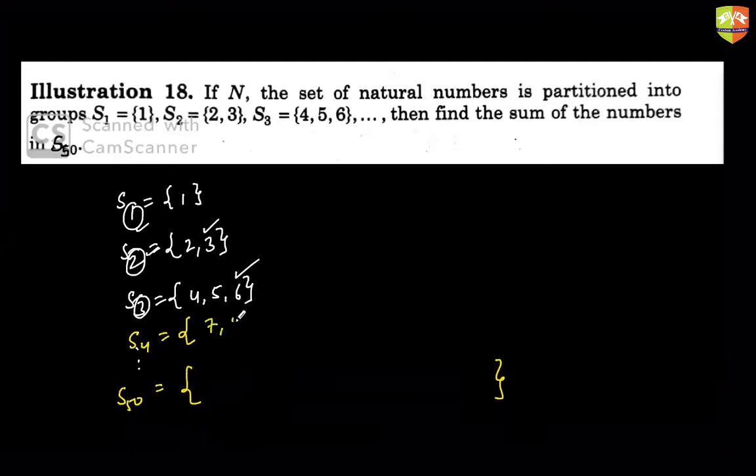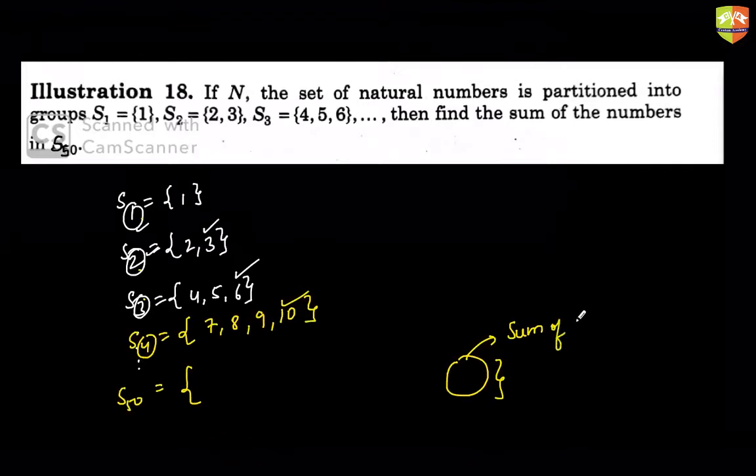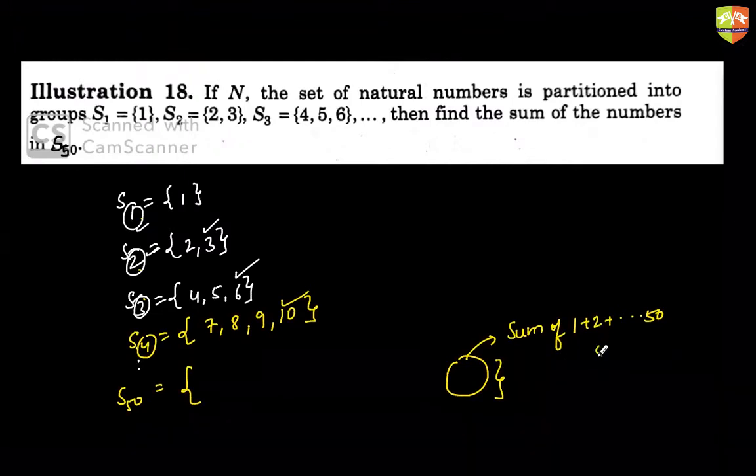Fourth group will be 7, 8, 9, 10. 10 is basically the sum of 1, 2, 3, 4. Correct? So, following the same pattern, can I say the last term here would be the sum of numbers from 1 to 50, right? And what is that? That is 50 into 51 by 2. That is 1275.